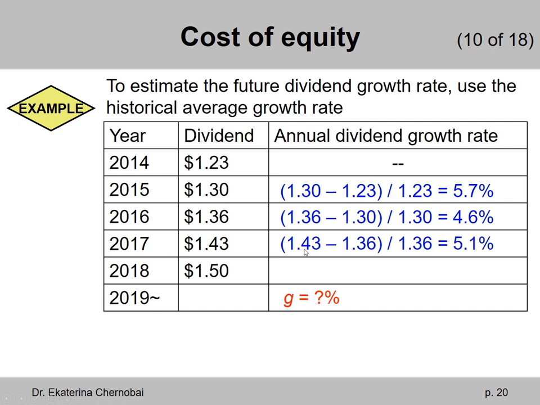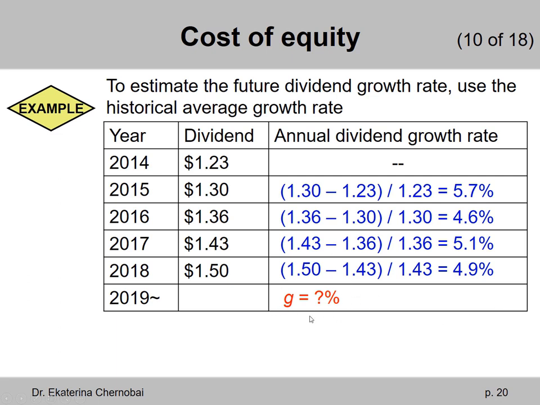Then for the year after, we have $1.43 minus $1.36 divided by $1.36. The increase in dividends was 5.1% over that 1 year period. And for the last year, the dividend went up from $1.43 to $1.50. That's a 7-cent increase. We divide that by $1.43 and get 4.9%.